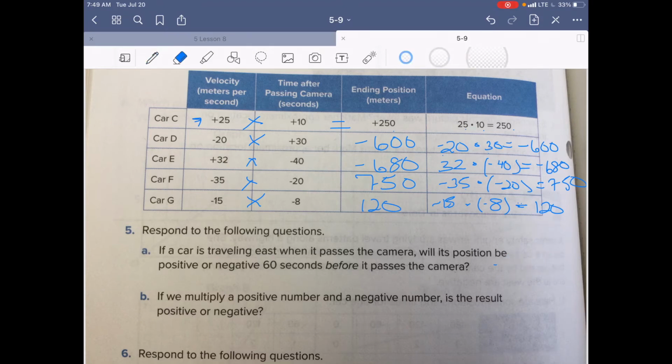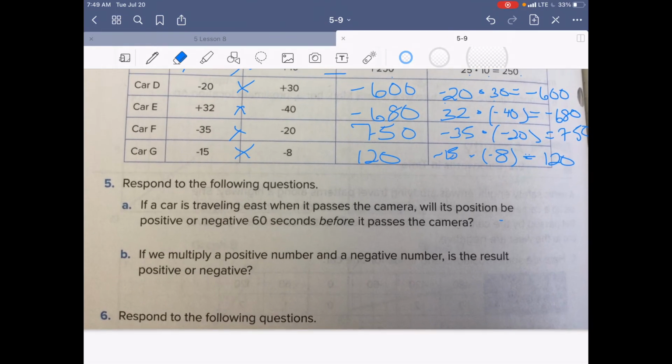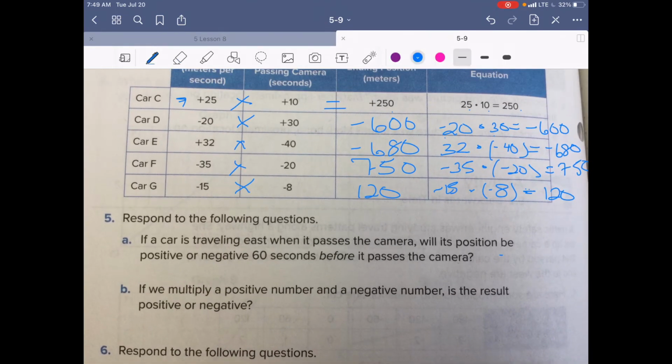All right, so let's respond to the questions down here. If a car is traveling east when it passes the camera, will its position be positive or negative 60 seconds before it passes the camera? So it's traveling east when it passes the camera.